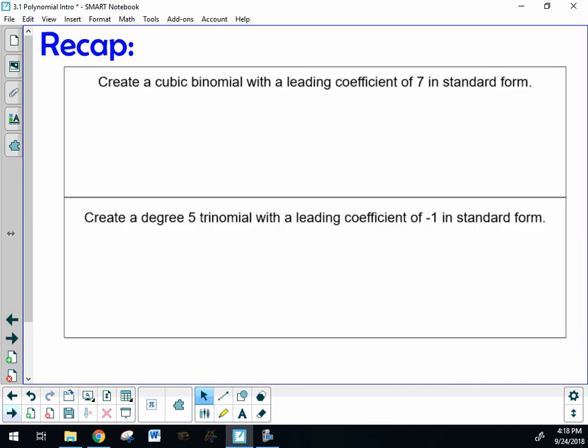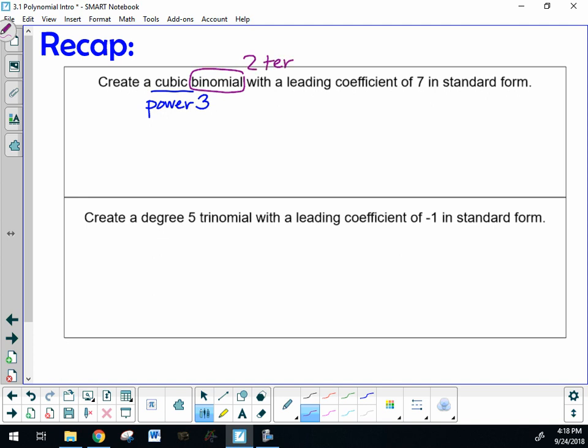So if it said create a cubic binomial with a leading coefficient of 7 in standard form, the cubic is telling you that it's going to have the highest power 3. A binomial is telling you that there are going to be 2 terms. 1, 2. I'm going to put a plus in between. The leading coefficient of 7 tells you that this is going to be the first term if we're just using x for our variable.